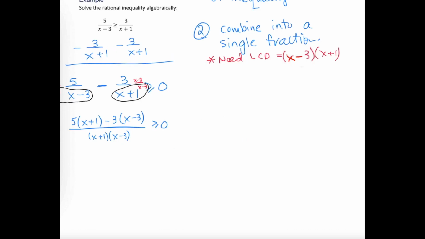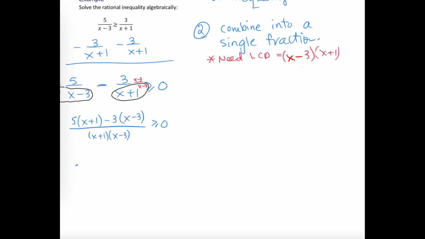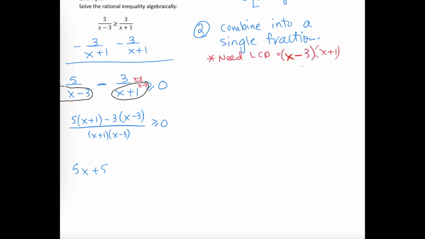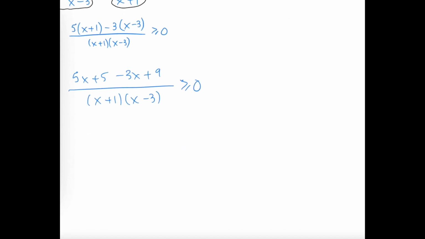Let's go ahead and now distribute those constants in. So we have 5x plus 5 minus 3x plus 9, all over the denominator. Let's leave this in its factored form, because that's going to help us with any simplification. Then to clean up the top part, we combine like terms: 2x, which is 5x minus 3x, and then 5 plus 9 is 14, so 2x plus 14.